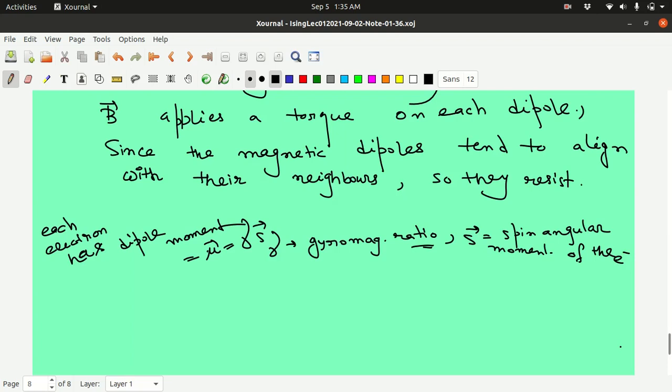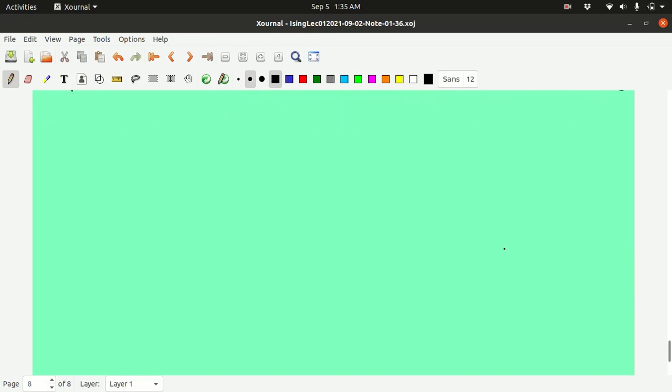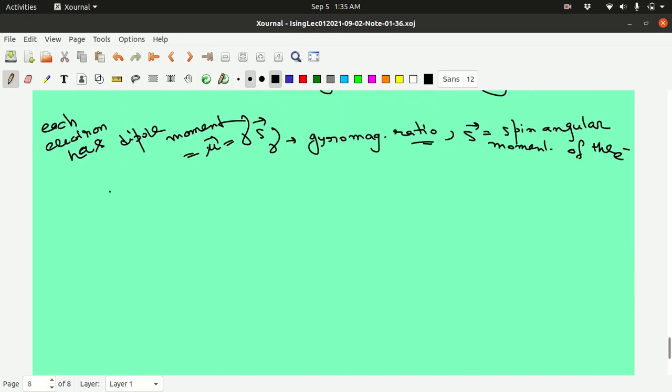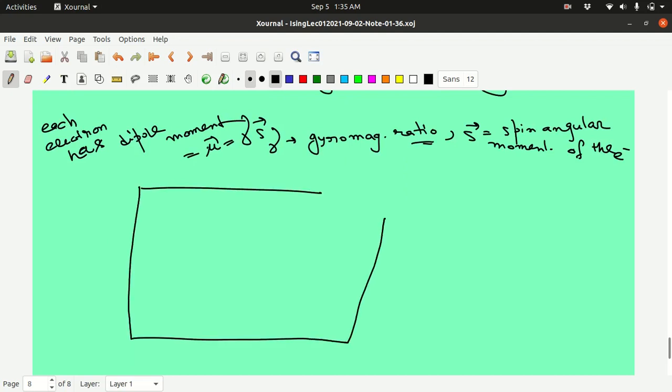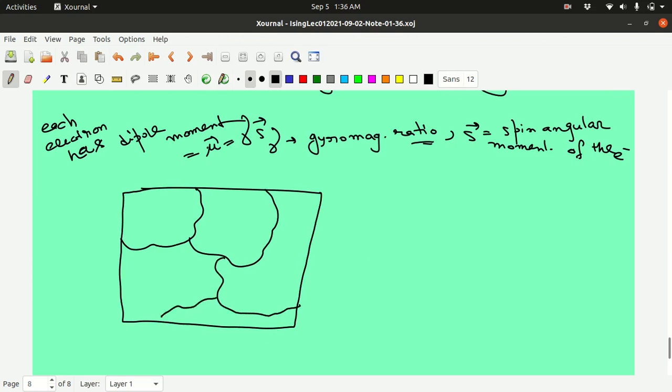And at domain boundaries, the neighboring spins are lined up in different directions. So let me draw a picture. Let's say this is your magnet. Let me draw it with some domains. Okay, so let's say this is one domain, this is another domain, and so on.